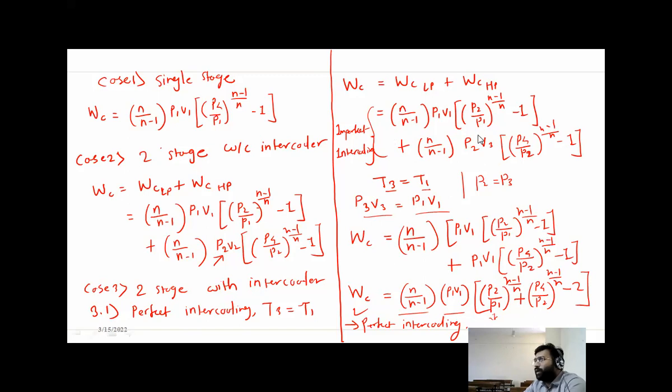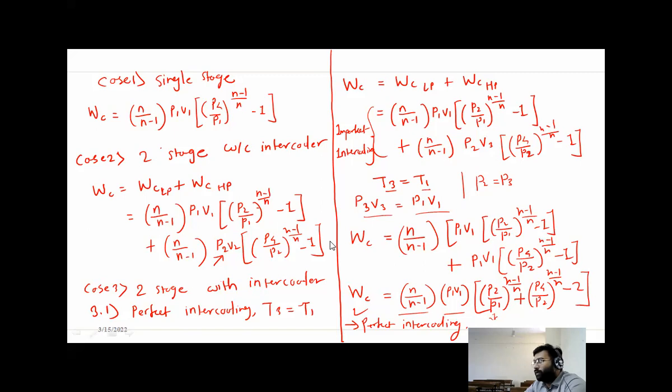See here, in this equation I will replace P2 by P3, because they are equal. So it becomes P3 V3. Now we have said P3 V3 is equal to P1 V1, so the whole P2 V3 will be replaced by P1 V1.